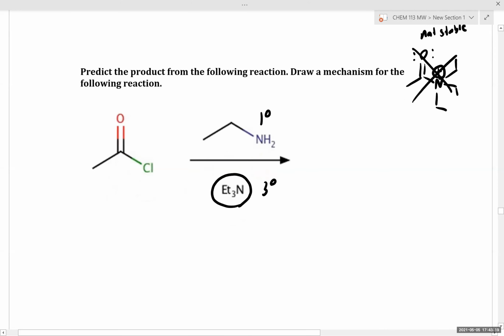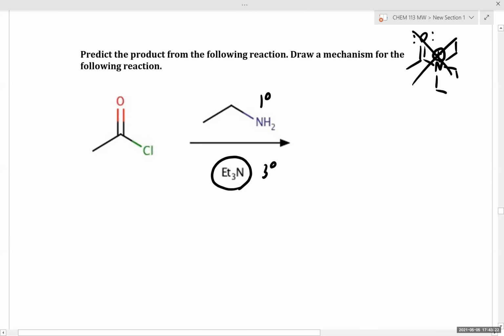Okay, so now let's try to apply what we've learned, and let's try to predict the product from the following reaction and draw a mechanism for the following reaction.